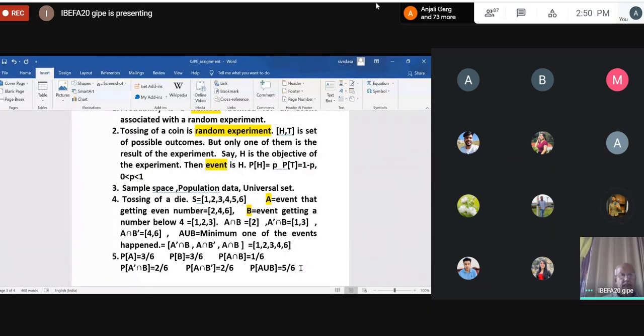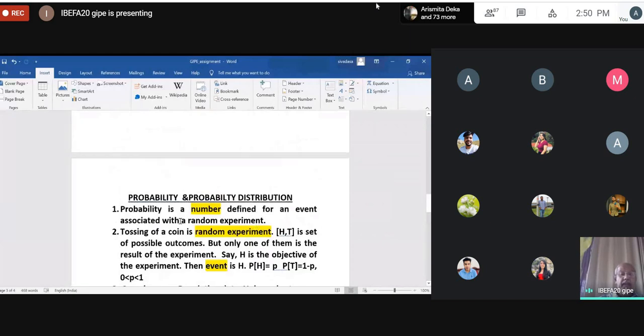No, sir. The numerator varies as per the event, isn't it? Yes, sir. That is the reason I say probability is a number defined for an event associated with your random experiment.